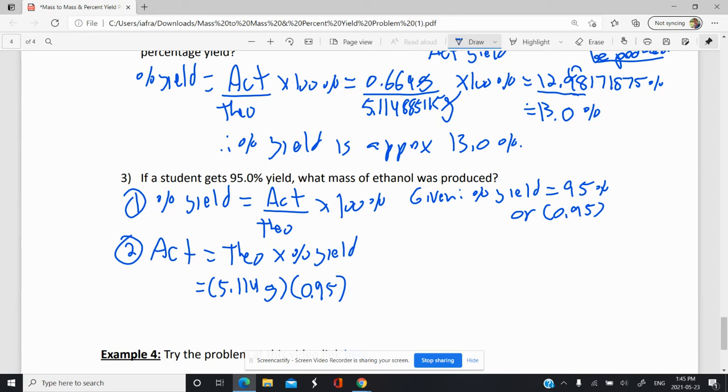It's kind of like saying if you had a test out of 10 and you got 95%, what did you get out of 10? 9.5. You just do your 0.95 times 10. Here I'm doing 0.95 and my test is out of 5.1148, and so on and so forth, grams.